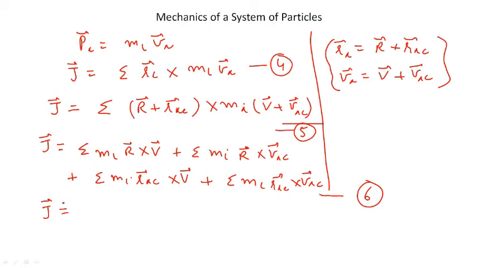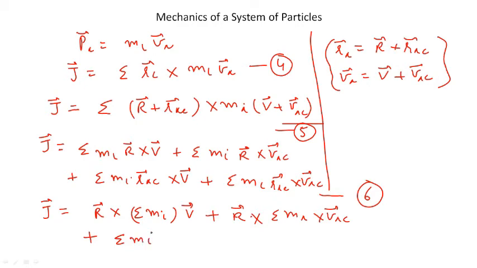So we can write equation 6 as J is equal to R cross sigma m_i V plus R cross sigma m_i V_iC plus sigma m_i R_iC cross V plus sigma m_i R_iC cross V_iC. Let us say it is equation number 7.